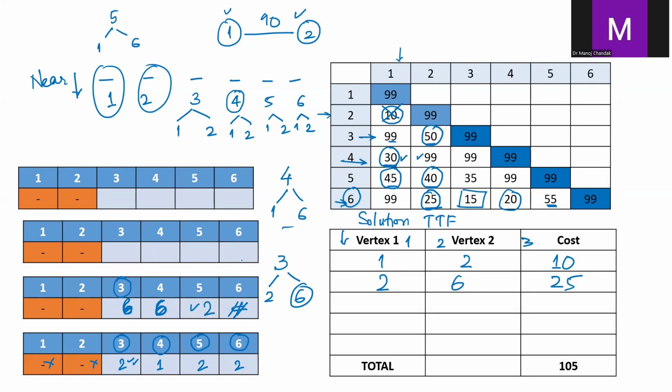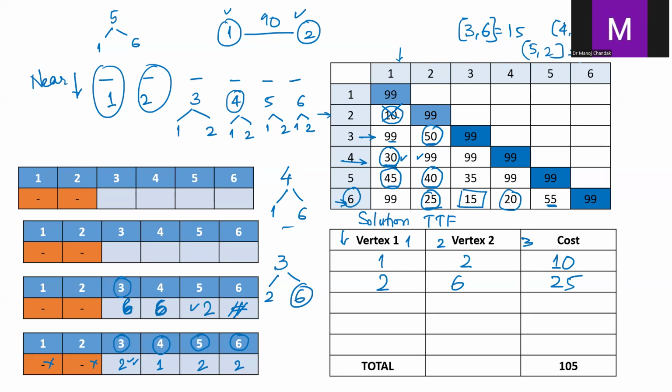Now what is to be selected? For that, again check 3 6. What is 3 6 in the matrix? 15. What is 4 6 in the matrix? 20. And finally, what is 5 2 in the matrix? Since it's an undirected graph, you can take 2 5 or 5 2.